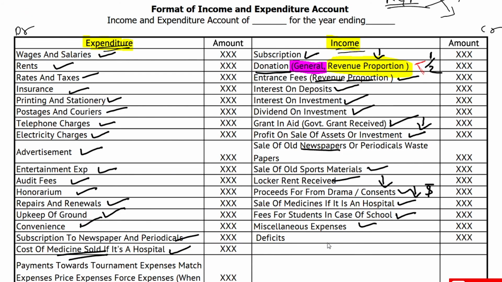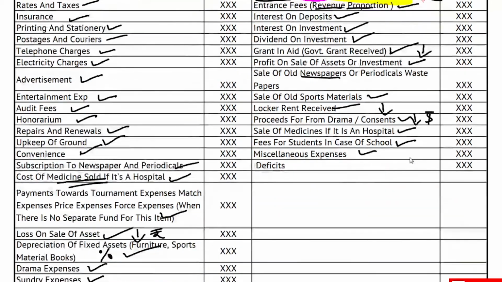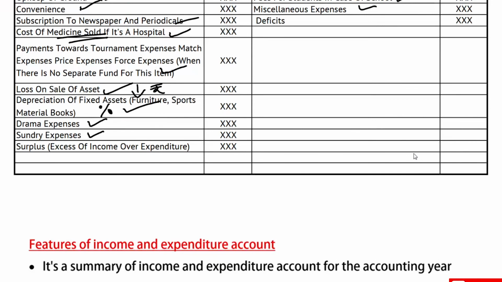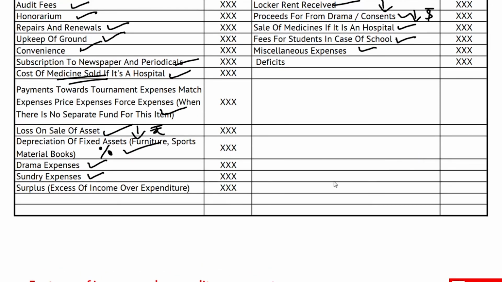Before closing the format, you need to make sure whether this income and expenditure account has given a surplus or deficit. If we consider an example, we are getting total income of 1 lakh rupees and total expenses of 80,000.